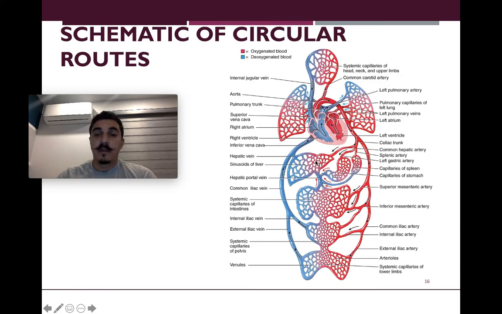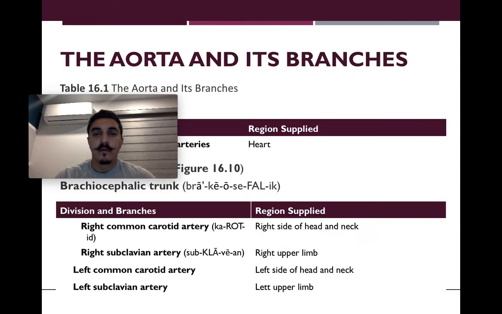Its oxygen's already been taken, and now it's going to go back through those systems of different capillaries all throughout, back into the vena cava. Okay, just remember this little cycle from the heart. Everything else is I think kind of common sense, just thinking about the flow of blood through our body.